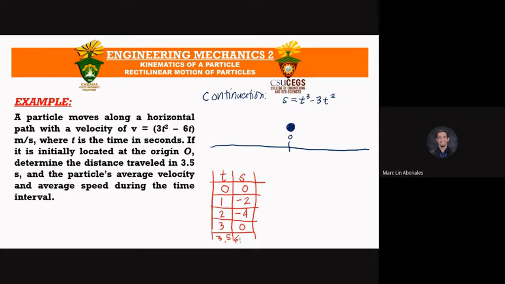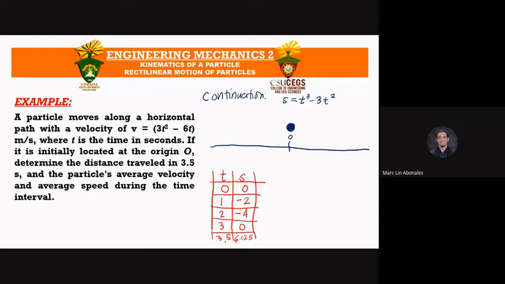If you notice, from 0 to 2 seconds it is negative. Upon reaching 3 to 3.5, it goes back to 0, then becomes positive, 6.125.